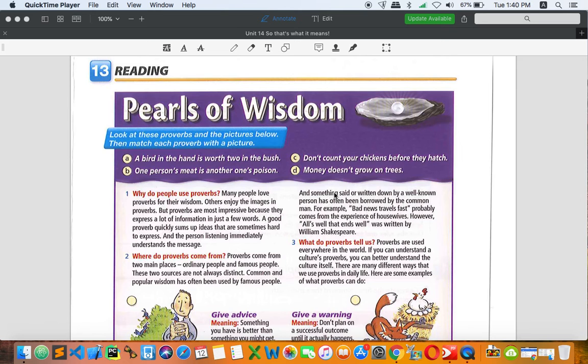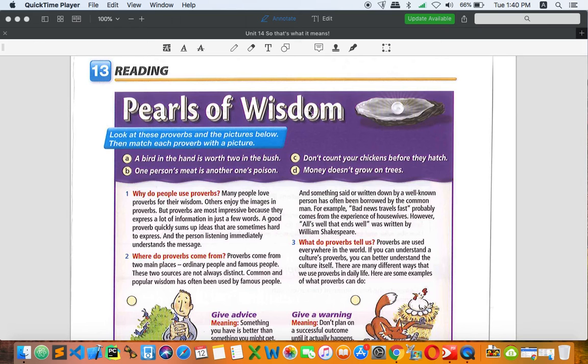If you take a look at the word pearl alone, a pearl is a small, tiny, hard ball that forms inside some oyster shells, and I think it is valuable, like your necklace, like jewelry, like your earring, your diamond ring, just as an example. So a pearl is very valuable, as you can see right here. There's a pearl. It's a small shiny ball, and that is an oyster.